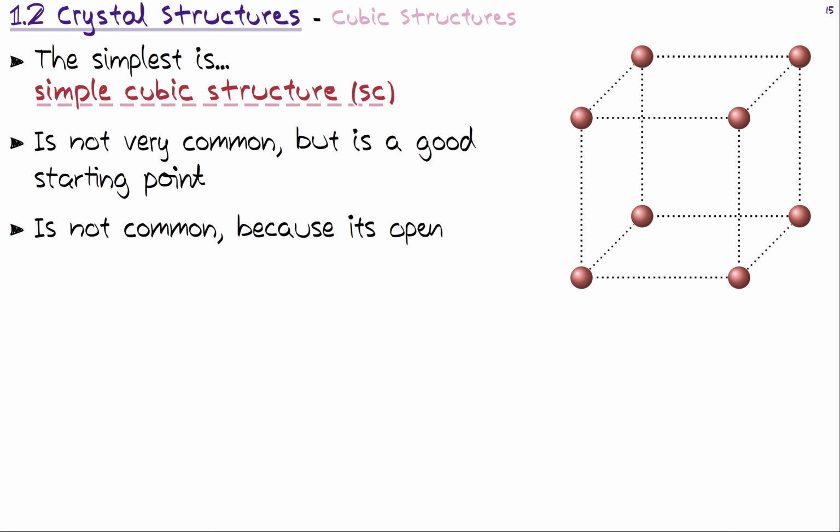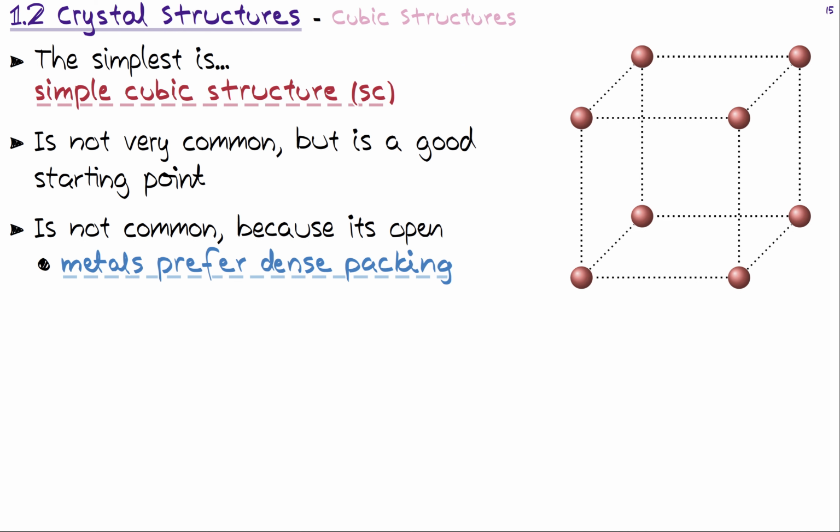Why it's not very common is that it's a very open structure, so it's not very dense, and metals prefer dense packing. If we look at elementary solids, a term that means we are looking at a solid formed by a single element from the periodic table, and not, for example, a compound, most of them are metals.